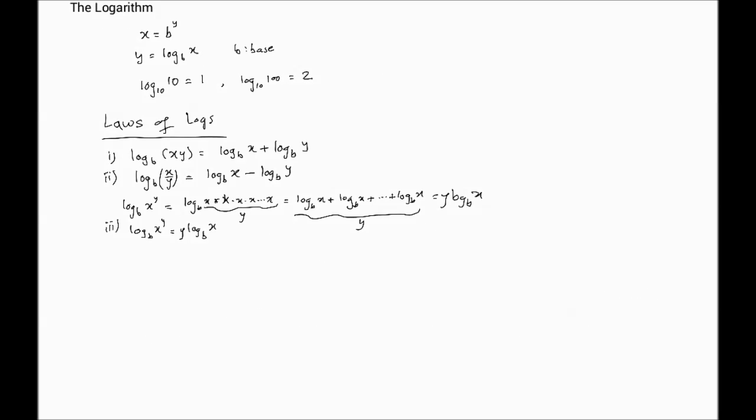Now, let me give you a quick run through as to where logs were used. Centuries ago, logs were invented by two different people, in fact at the same time.